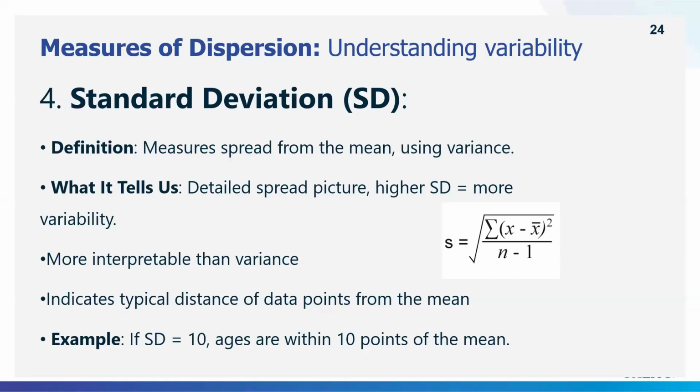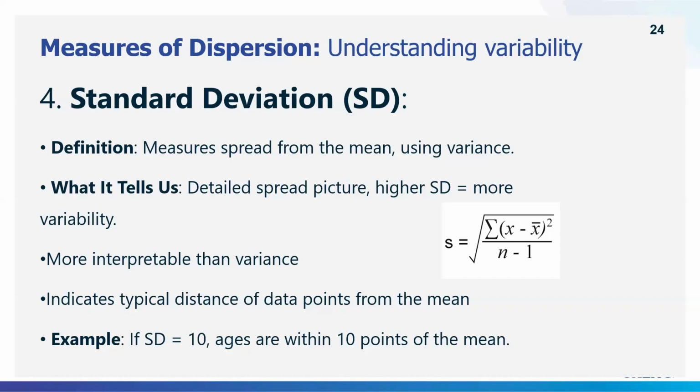So if we take an example of the ages of participants on this call today, and we calculate our mean age to be 30, for example, and then the standard deviation happens to be 10, it simply means that most of the ages lie between the mean plus 10 and the mean minus 10.